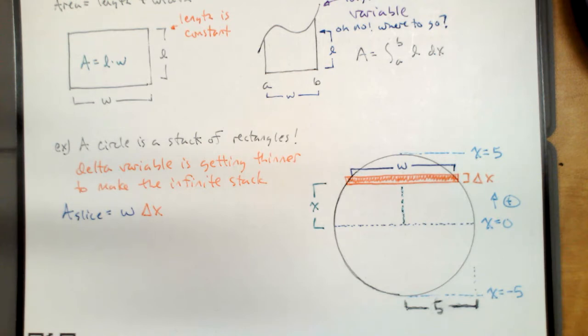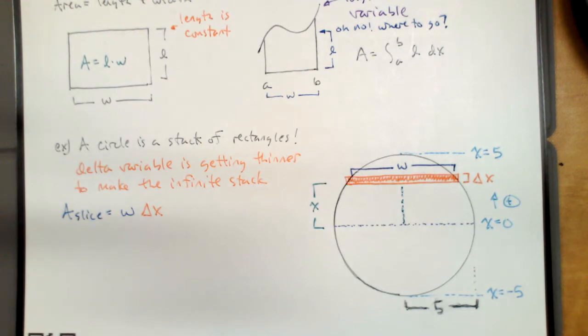Now, I'm going to give you this one for free. This is just someone said, well, it's a circle. I need a relationship between this W way up here and this vertical value down here. And what we know is that the distance from the center of the circle out to any point on the circle is always the same.